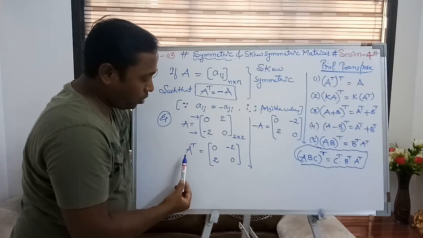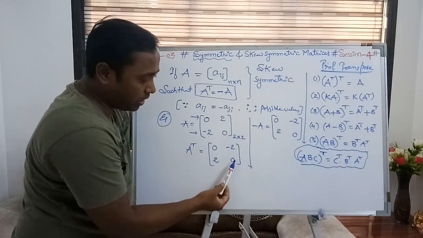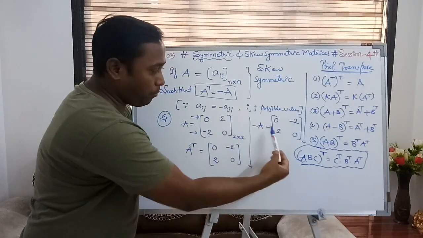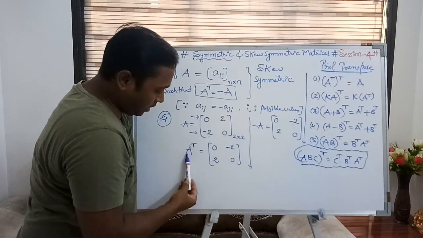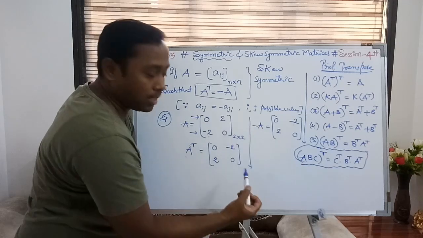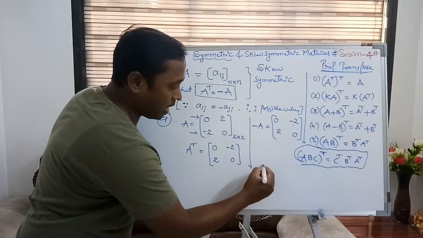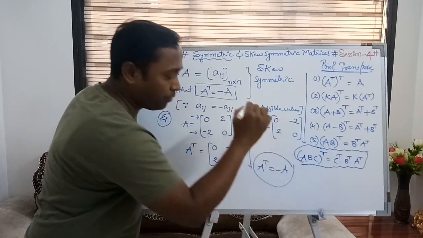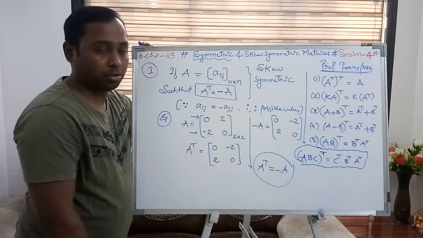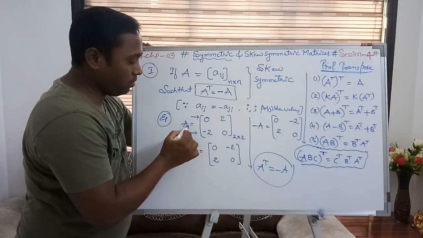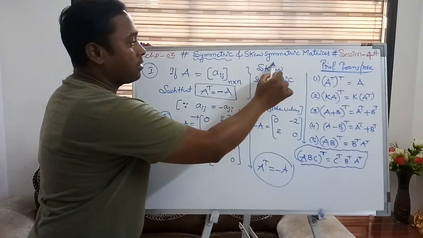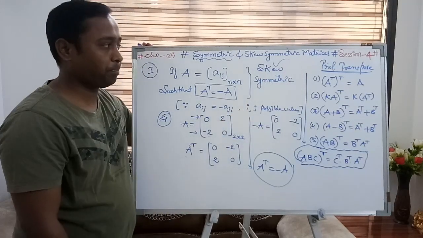In this way, if I do A transpose, I will get this, and minus A means this. Now you can compare: A transpose is equal to minus A. From these two results, I can say A transpose is equal to minus A, which satisfies the condition. Hence, the given square matrix A is called a skew symmetric matrix.